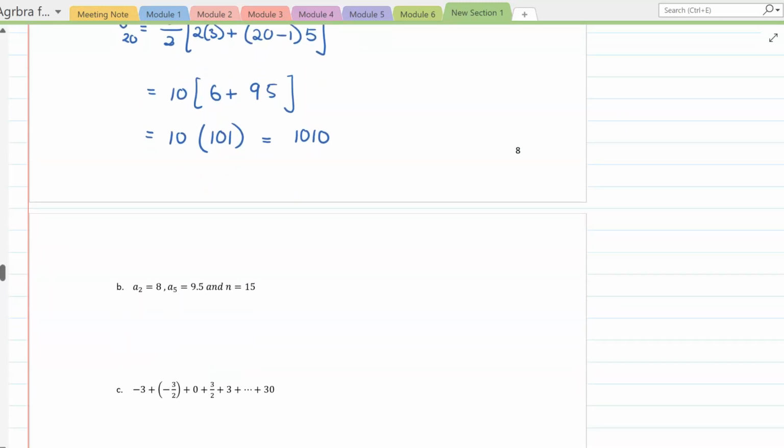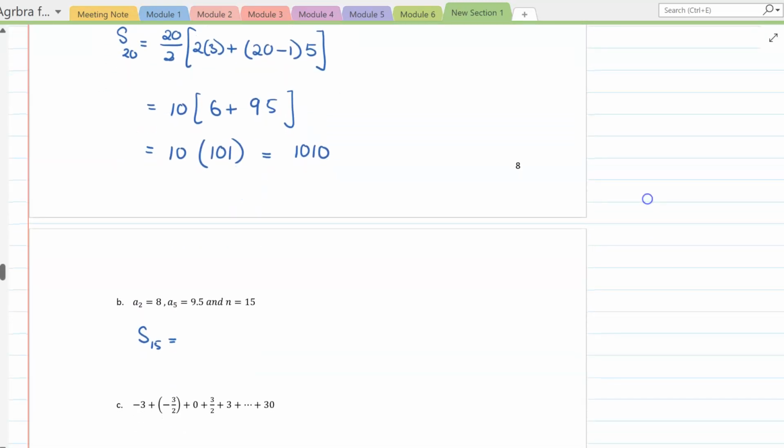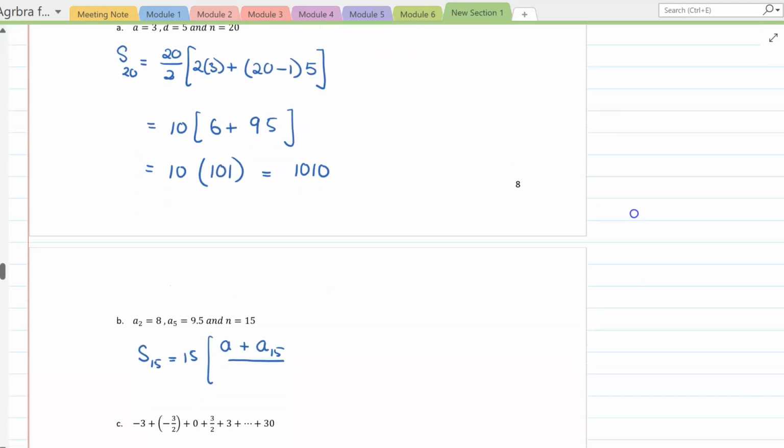Let's say we are given a sub 2, a sub 5, and n equal 15. Well, then S sub 15 is given by the formula 15 times a plus a sub 15, divided by 2.